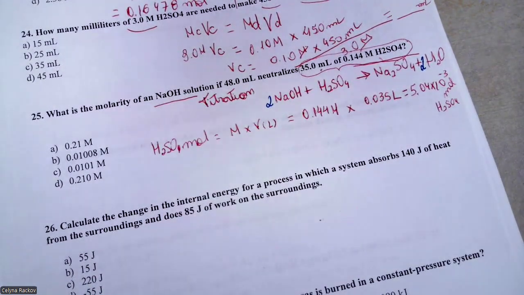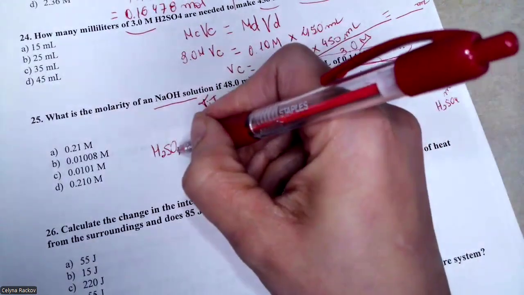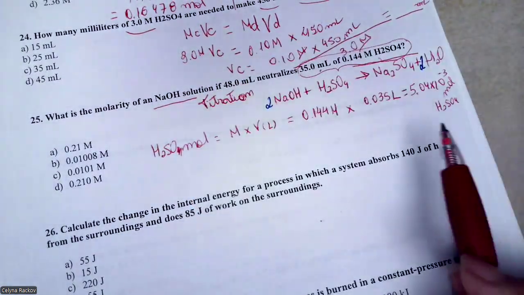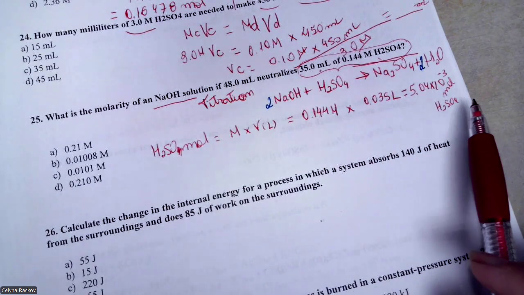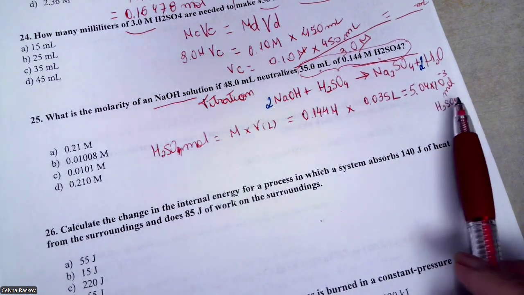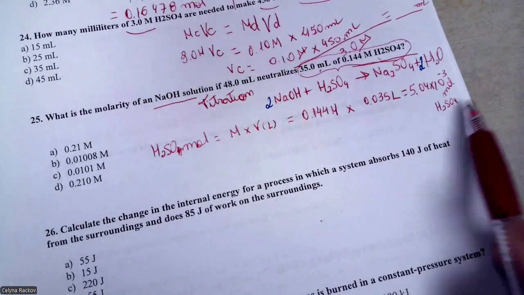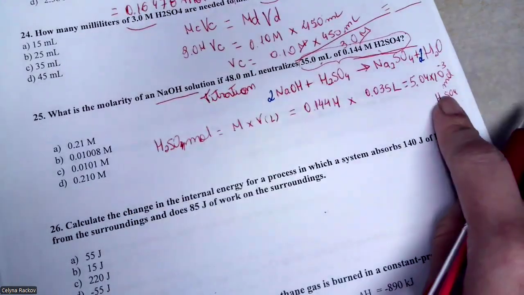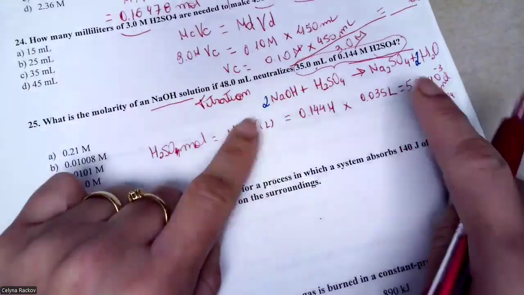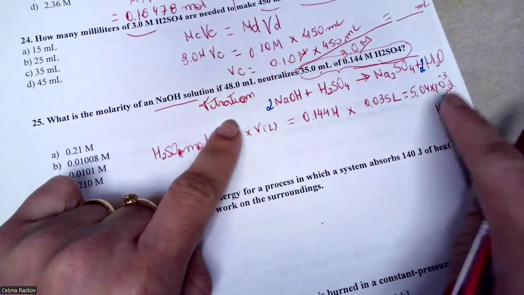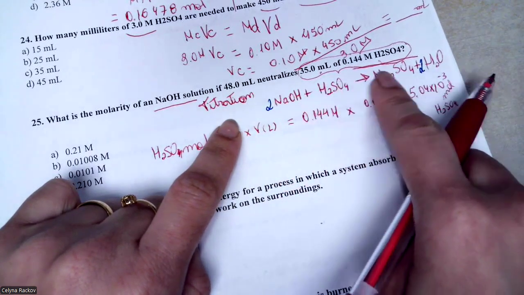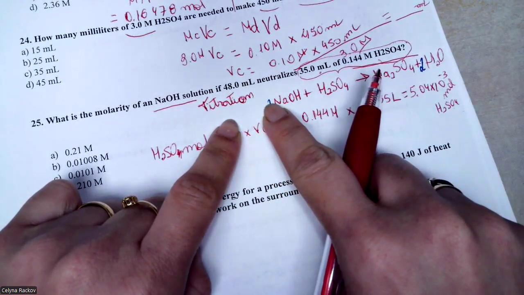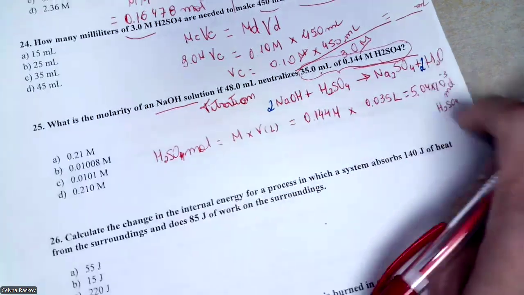Now, what do you need to do? How can you convert the moles of one compound to another one? When you do these conversions, this is when you need to use the molar ratio that you see in the balanced chemical reaction.